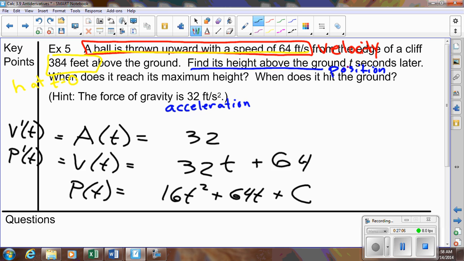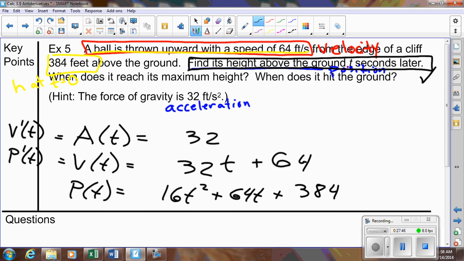But once again, we also know when time is 0, the height is 384. So at a time of 0, the overall position is 384. C is 384. Whoa, I can't magically turn a C into a 3, so plus 384. And so find the height above ground t seconds later.